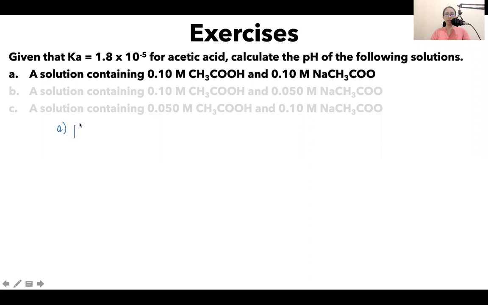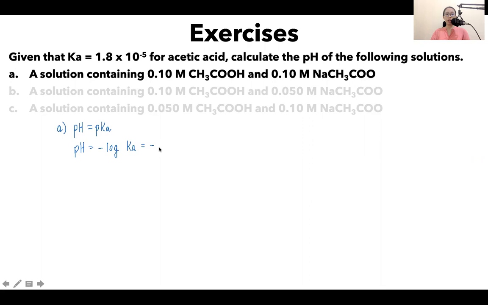pH is just equal to pKa because the second term is equal to 0. So we just compute for pKa, which is again the negative logarithm of Ka.